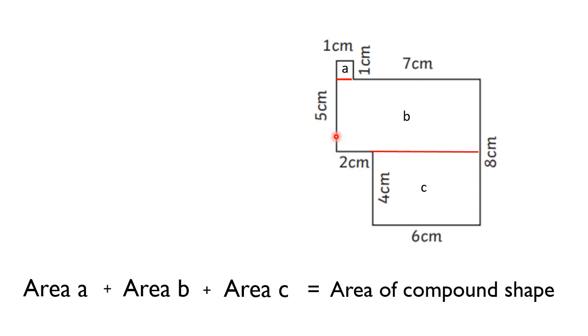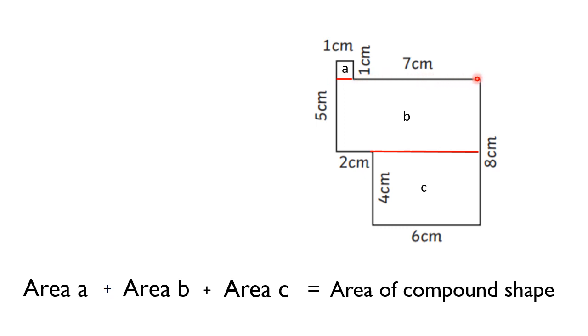So we need to work out the length and the width of this shape. So let's first look at the length. So we have this line here. We know that this is 7 centimetres. And we know that this extra bit here is 1 centimetre. So nice and easy.